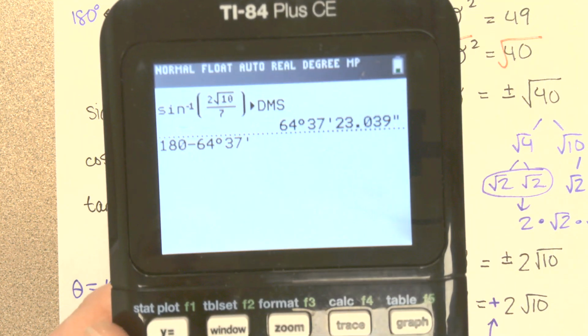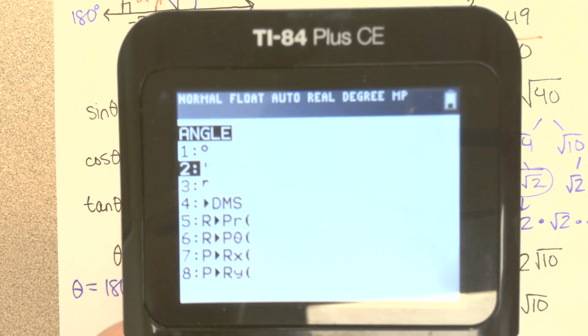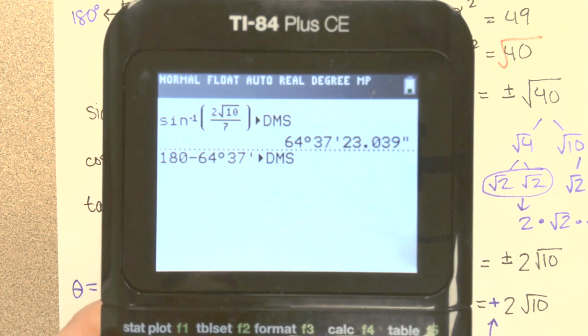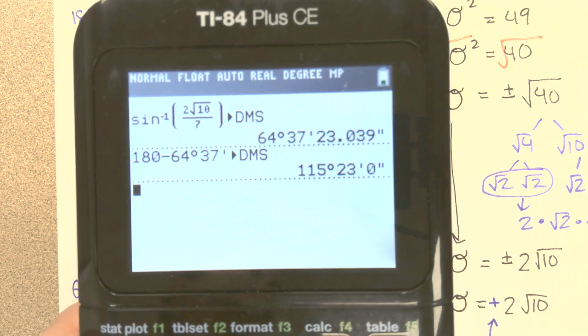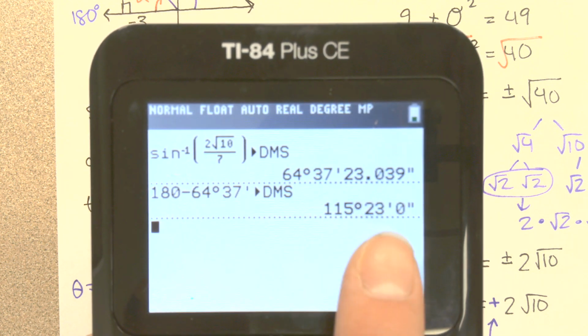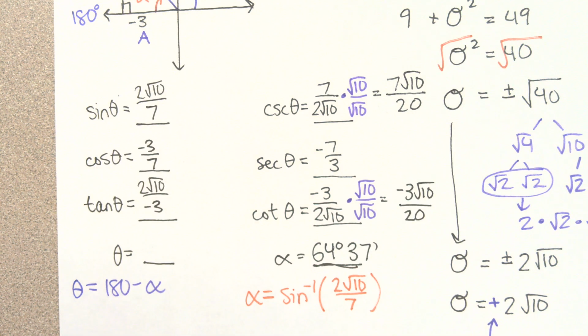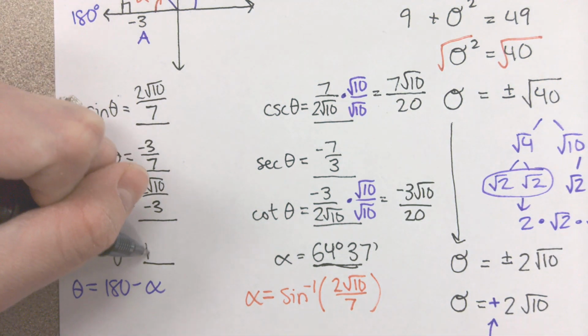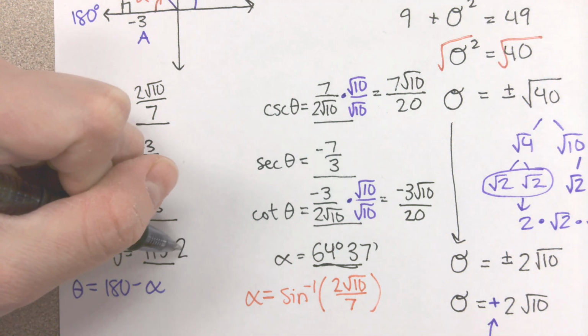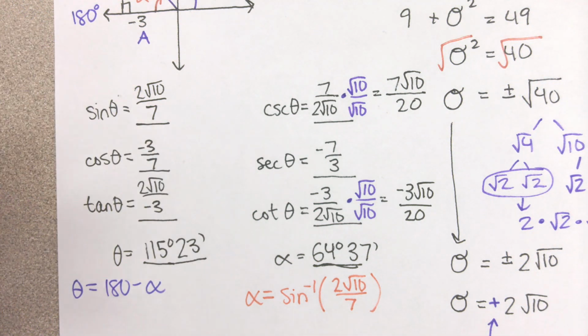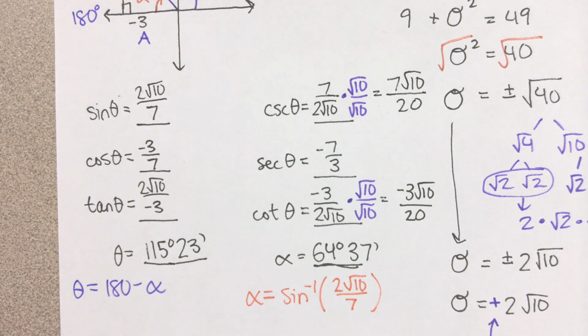And then don't forget to attach the DMS converter because your calculator will always give you a decimal if you don't specify. 115 degrees, 23 minutes. And there you have it.